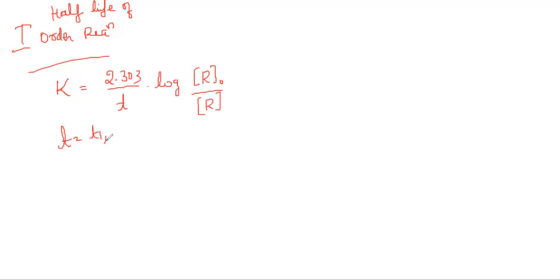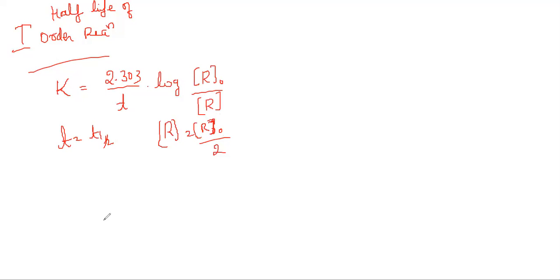Again, we'll take the equation k is equal to 2.303 by t into log of R naught by R. Therefore, again t is equal to t half, and R will be equal to R naught by 2.